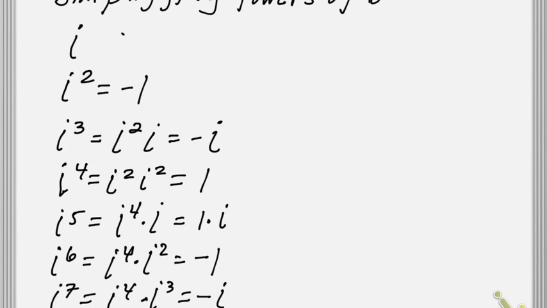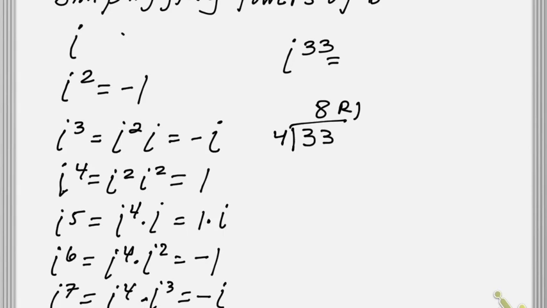So let's look. If I looked at i to the 33rd, can you think of how you could rewrite that? Well, what could I do? I mean, I could do i to the fourth times i to the fourth times i to the fourth. Well, how many of those are there? One way of finding out is dividing by 4. So if I take 33 and I divide by 4, what is that, 8, and then a remainder of 1.